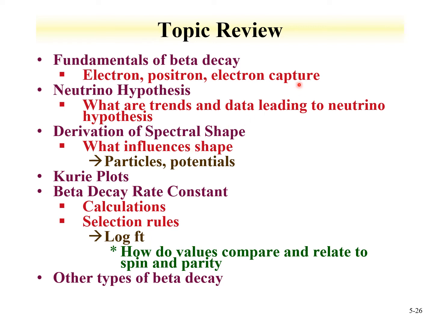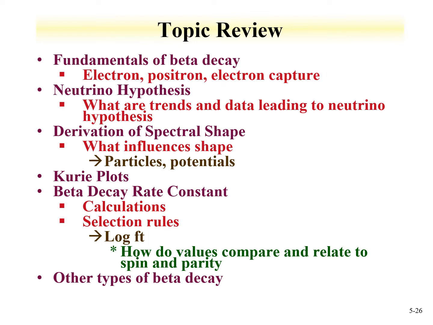You should be able to describe the fundamentals of beta decay, either beta minus, beta plus, or electron capture, and how each decay changes the neutron or proton properties in a nucleus. Remember, for beta decay, the total number of neutrons and protons remains the same, but with beta minus, a neutron is converted into a proton, and for positron decay and electron capture, an excess proton is converted into a neutron.